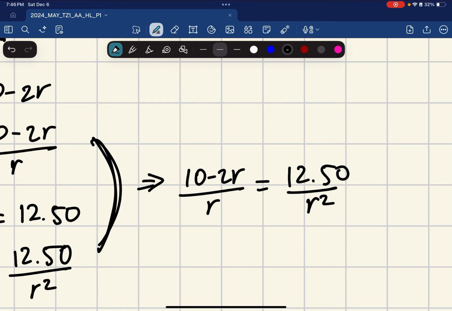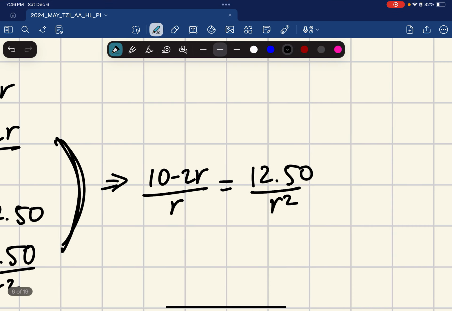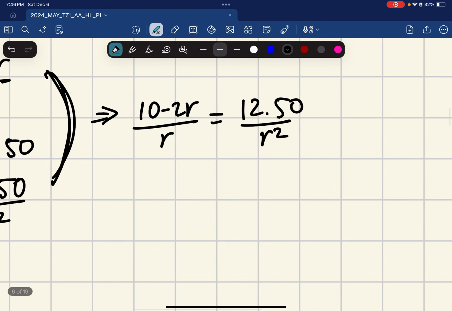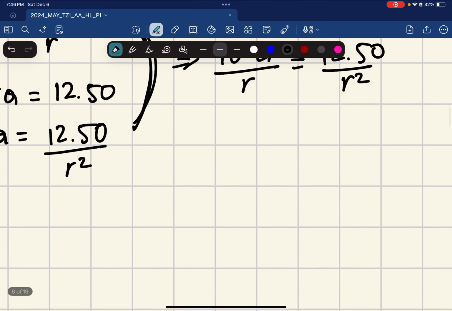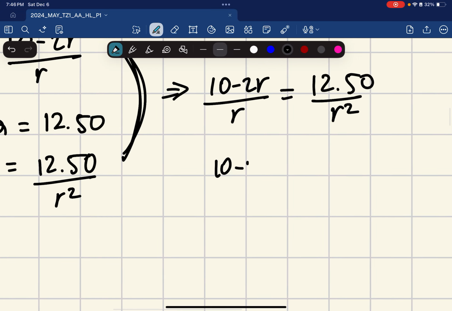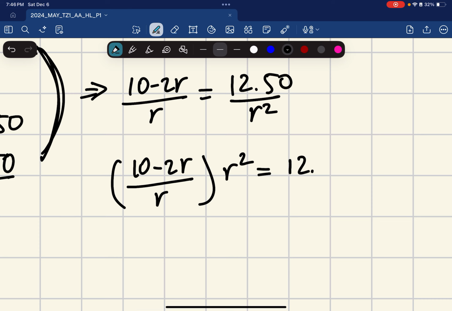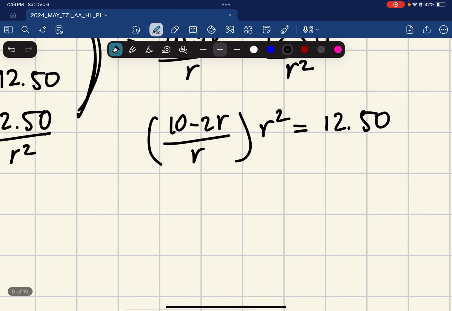The way I'm going to do it is first, multiply both sides by r squared. So if I multiply both sides by r squared, I have 10 minus 2r over r times r squared, to get rid of the denominator on the other side. So I end up with 12.5. When I multiply this, I get rid of 1r here.